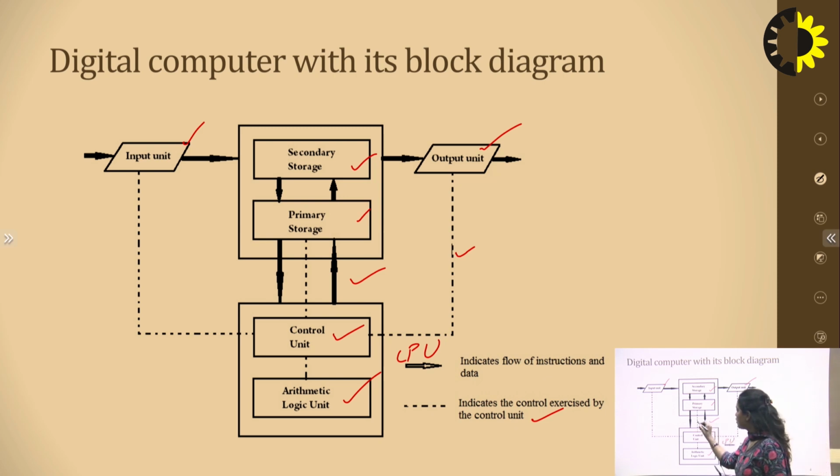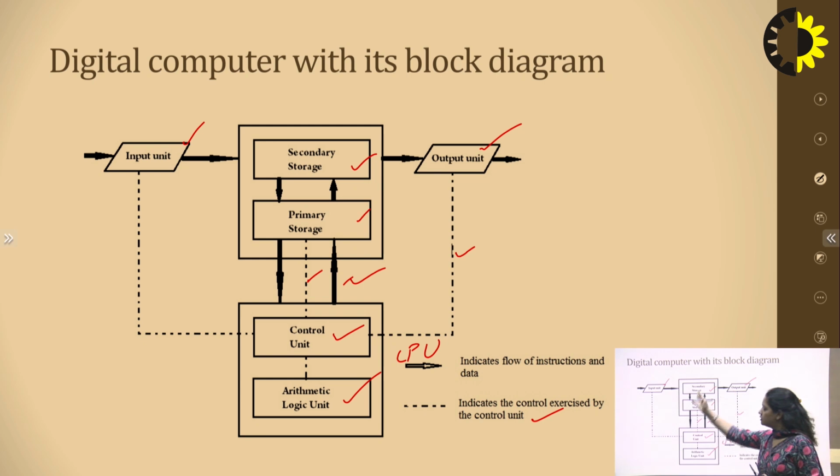These dotted lines and dark lines are actually the interconnected network, that is, the connection between the different block units, and these are known as the buses. The input unit contains various input devices like mouse, keyboard, mic, etc., and output devices like printer and screen.